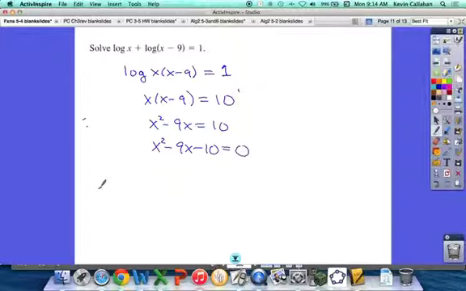Right, that's a simple quadratic. Are there any factors of negative 10 that add up to negative 9? Negative 10, positive 1, right? So yeah, there are. So it's factorable. You don't want to use the quadratic formula if you don't have to. That's going to tell us that x minus 10 times x plus 1 equals 0. So x equals 10 and negative 1.